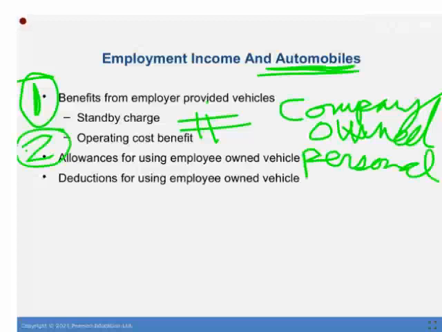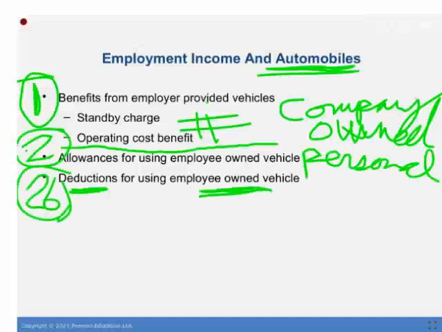So in here, it's a personal vehicle. Then, in addition to that, there's really 2A and 2B. You could also have deductions for using that employee-owned or personal vehicle.